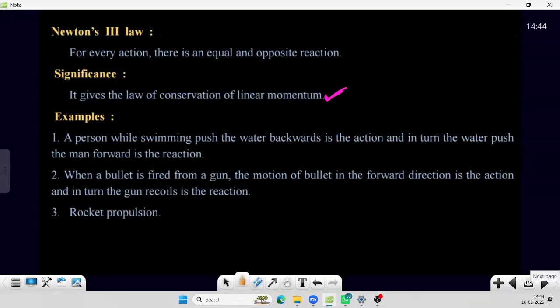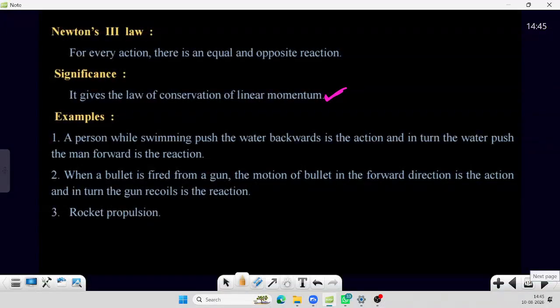Now this action reaction pair, you might have heard about this. If we take any body, the body will cause some force on this board. At the same time, this board also causes an equal amount of force, but in the opposite direction.